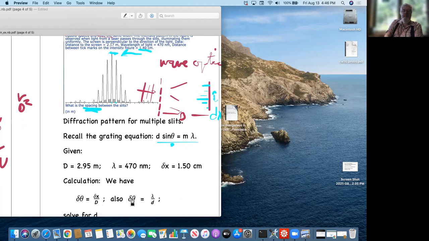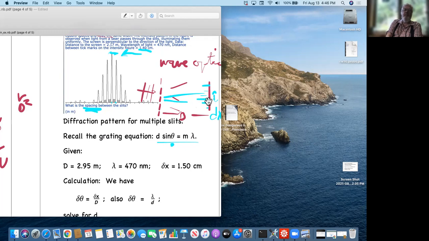So I could just say theta is lambda over d. The sine of theta is the same as theta if theta is less than about 30 degrees. So for m equals 1, sine theta is lambda over d, so theta is about lambda over d. And now by the geometry of the picture, theta is delta x over capital D. I have a little bitty angle here.